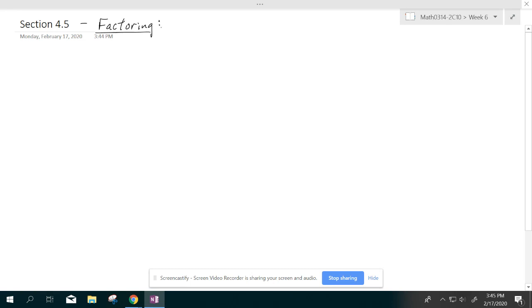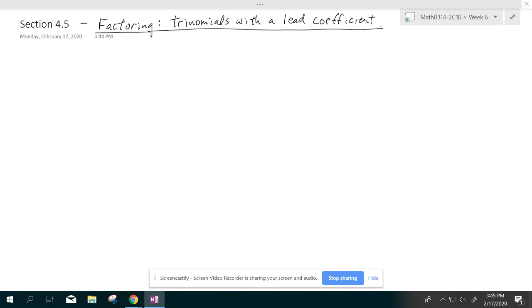But in this section, we're going to be factoring trinomials with a lead coefficient. And this is going to take us to page 253. If you need to know that, page 253. Factoring trinomials with a lead coefficient. Starting with number 1.